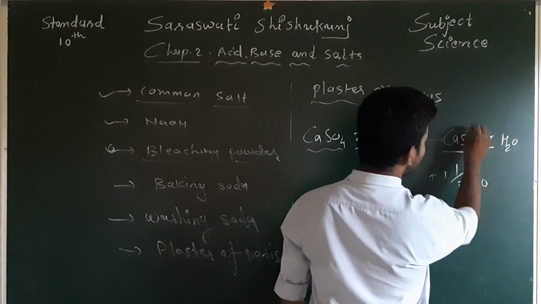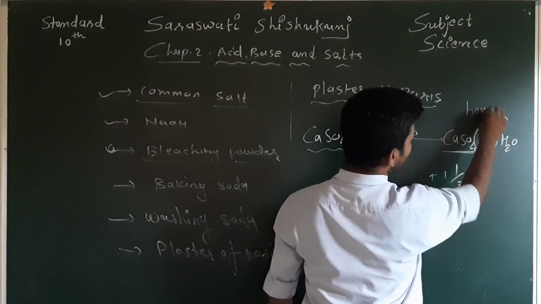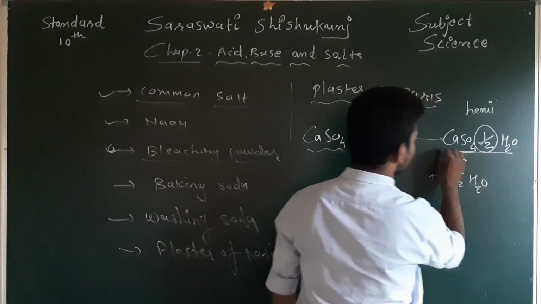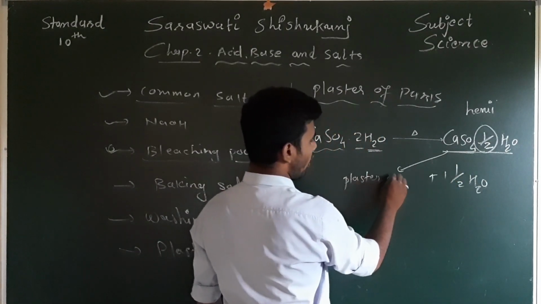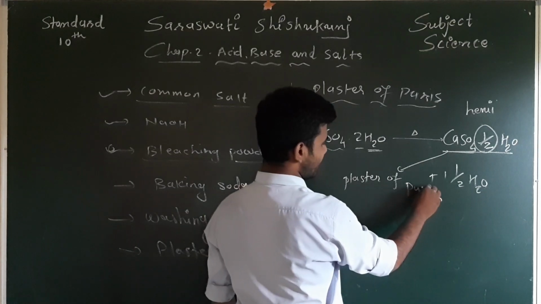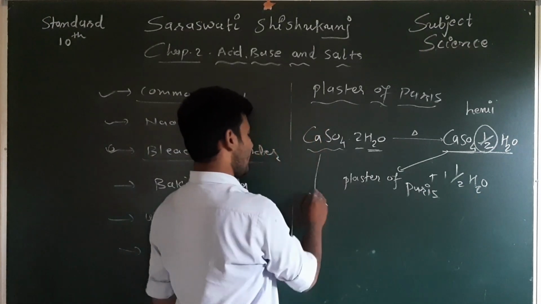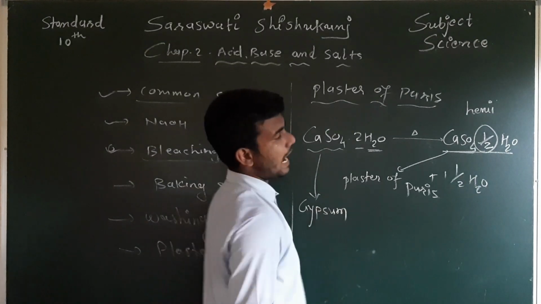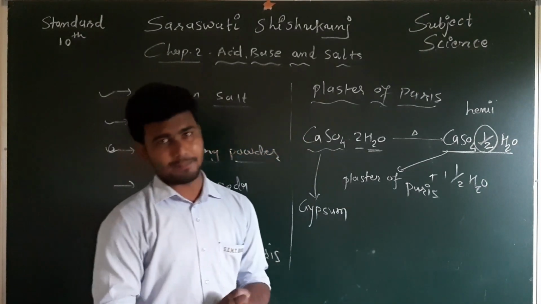Now this calcium sulfate has a half, so that is hemi. So calcium sulfate hemihydrate is considered as plaster of Paris. This is the formula of gypsum. So how plaster of Paris is prepared can be asked to you.